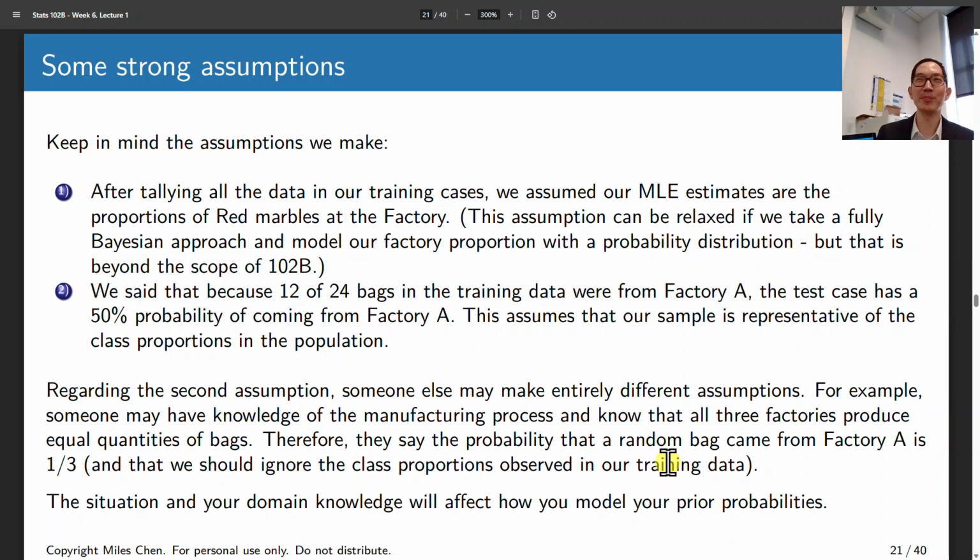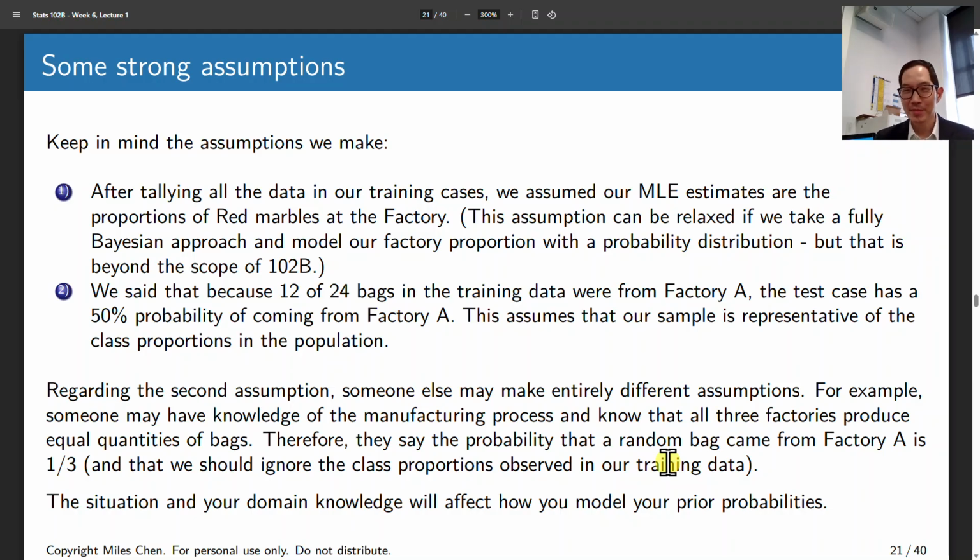When I opened up all of the bags that came from Factory A, the marbles were 60% red, so I'm assuming Factory A has a 60% red filling rate. And then for Factory B, half of them were red, so I'm assuming Factory B has 50% red.